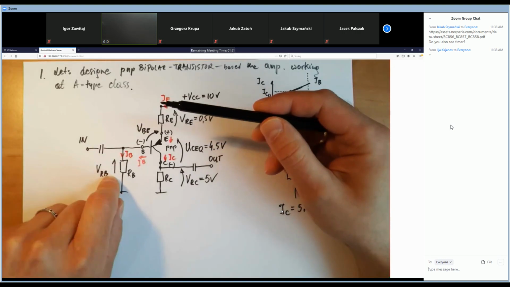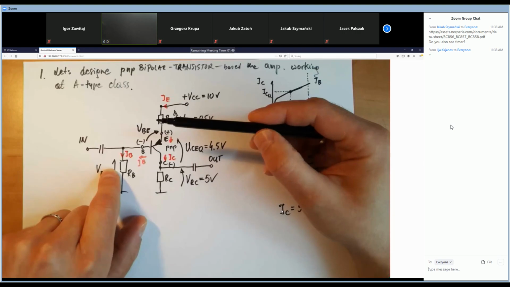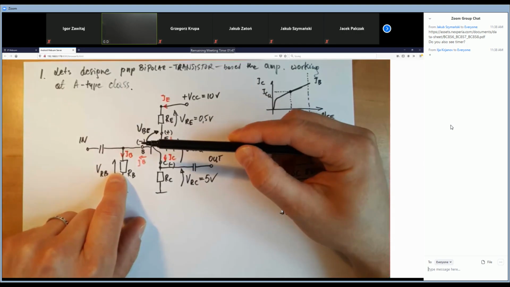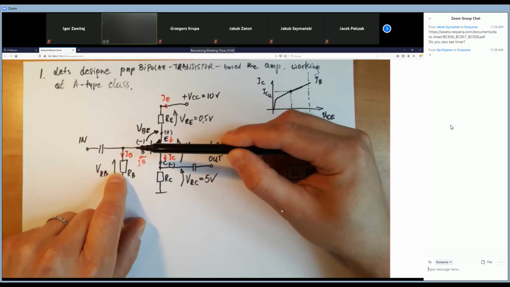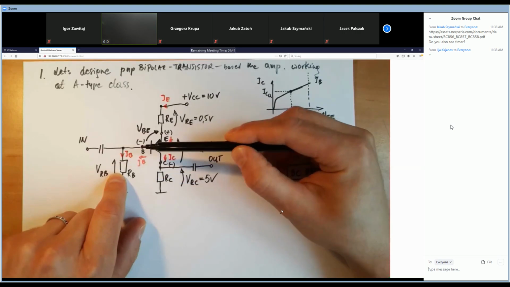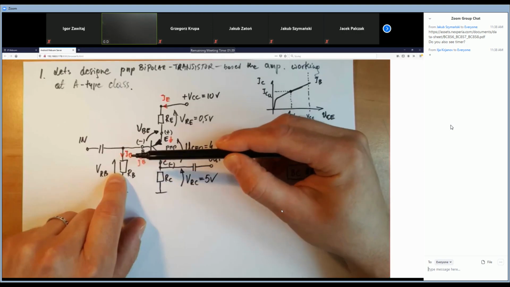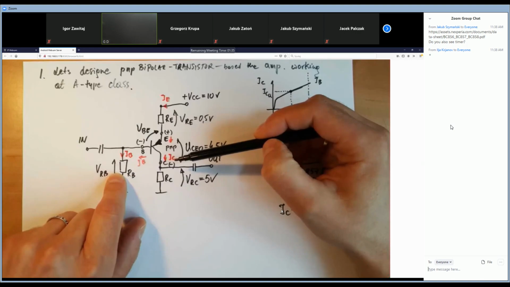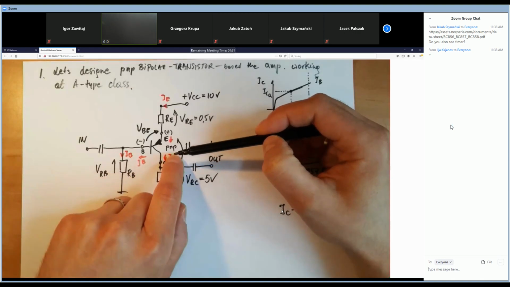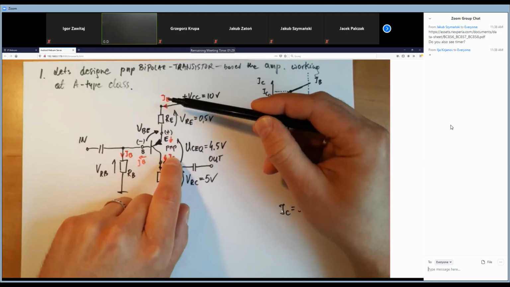So it will decrease. It means that the base current is changed. If the current changes, the IC current will also change. So the emitter current also.